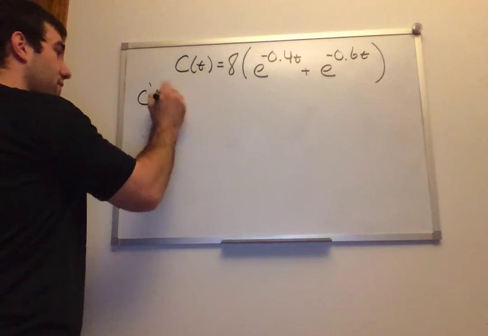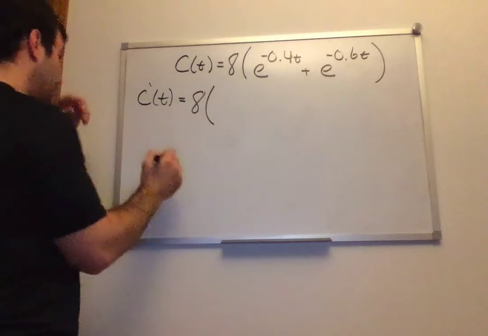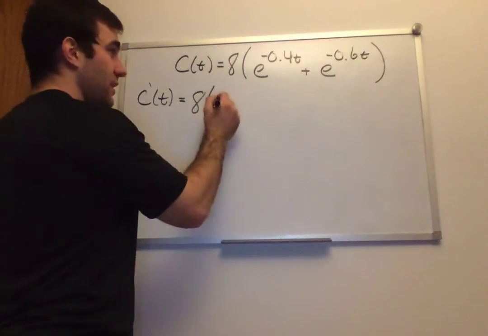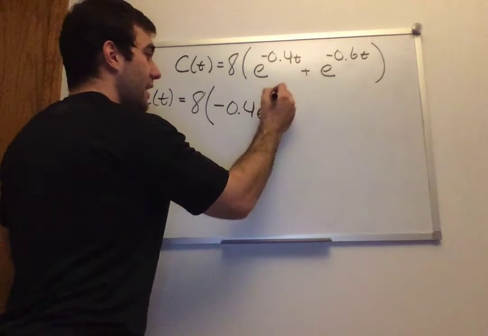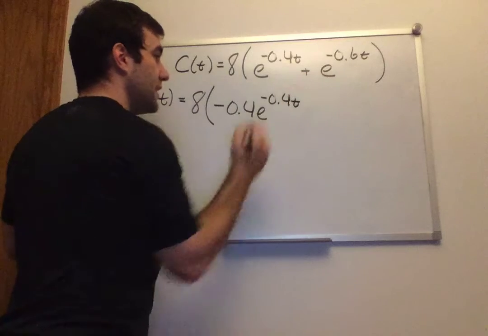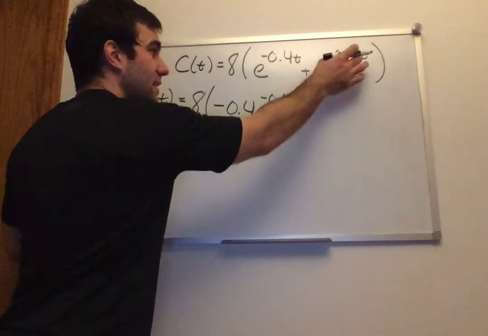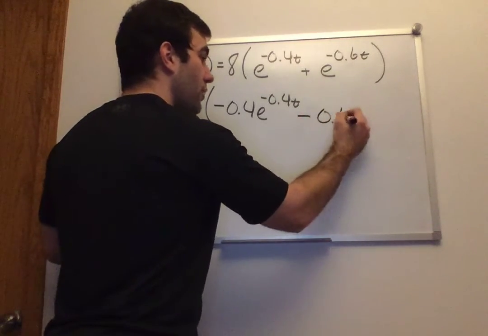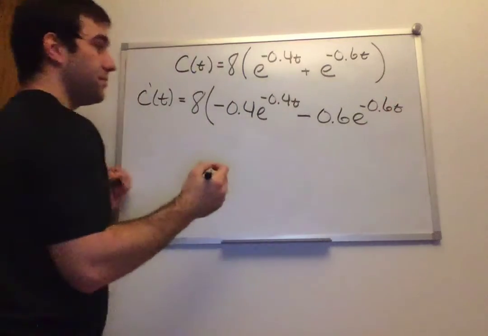C prime of t is equal to, we still have that 8. Now, the derivative of this involves a chain rule. I'm just going to give you the derivative. Negative 0.4 e to the negative 0.4 t. This is a plus, but it's going to turn into a minus because of that negative 0.6, so 0.6 e to the negative 0.6 t.